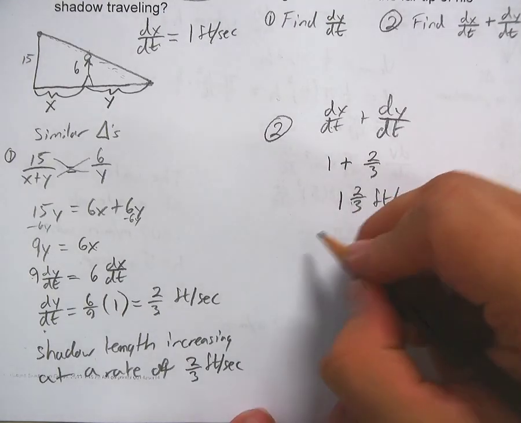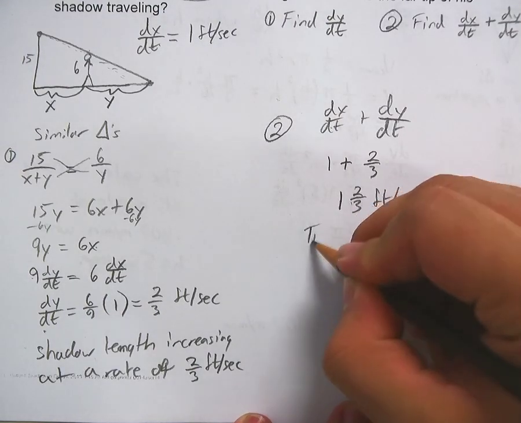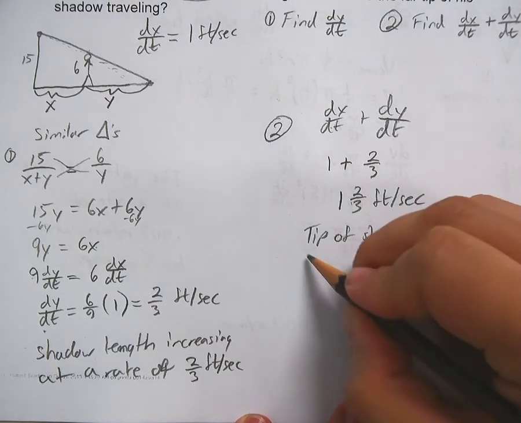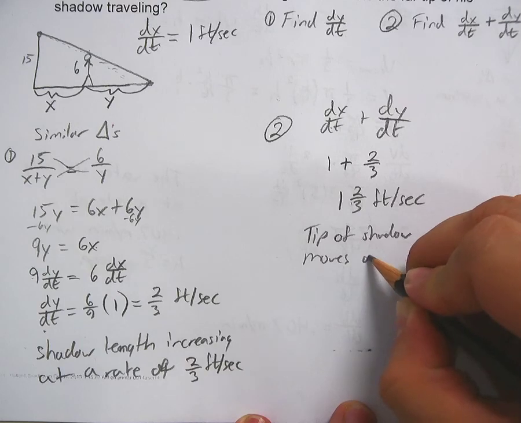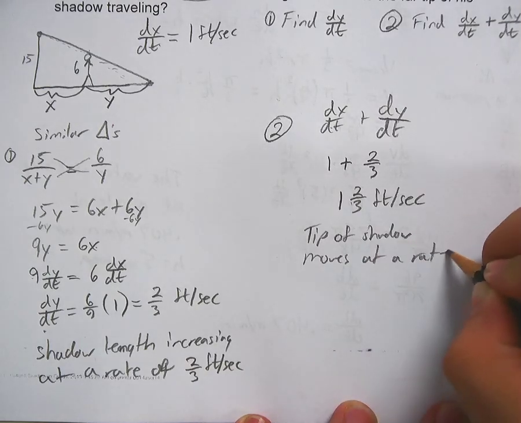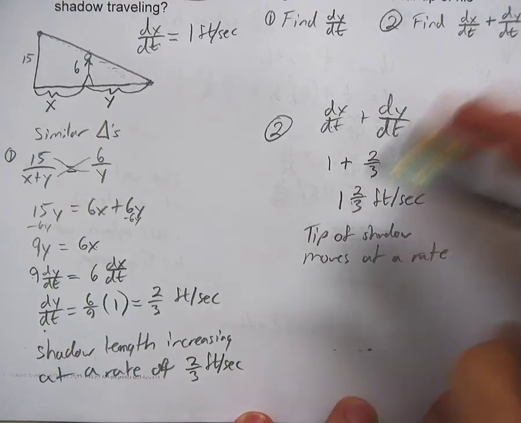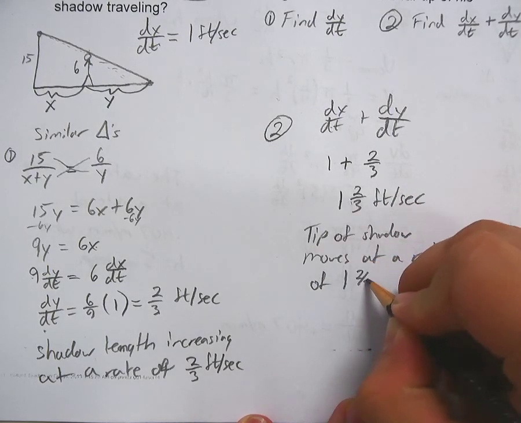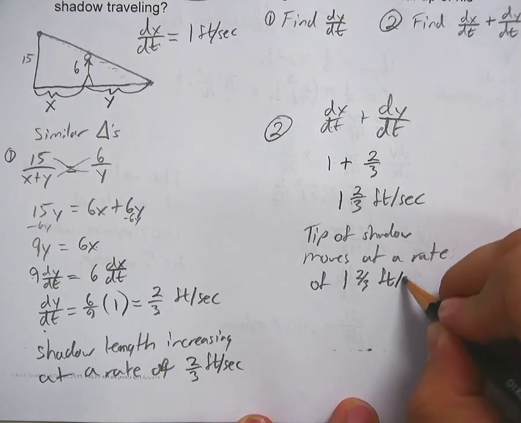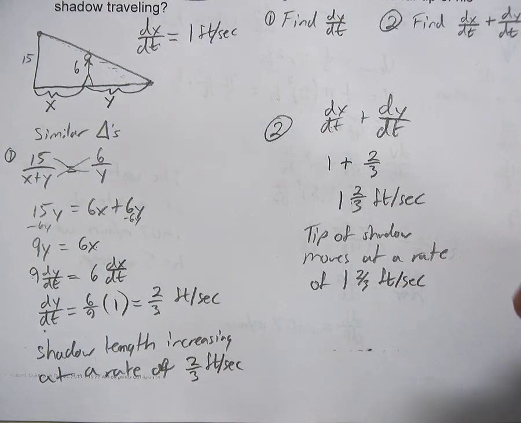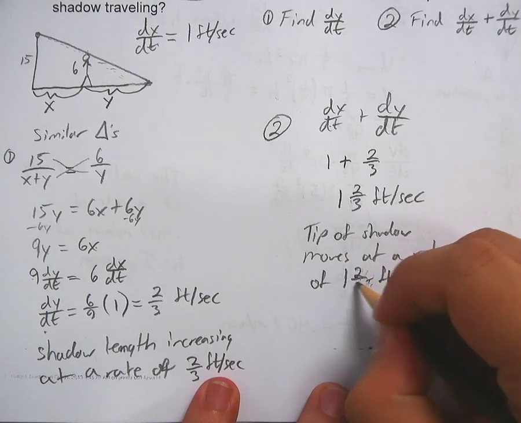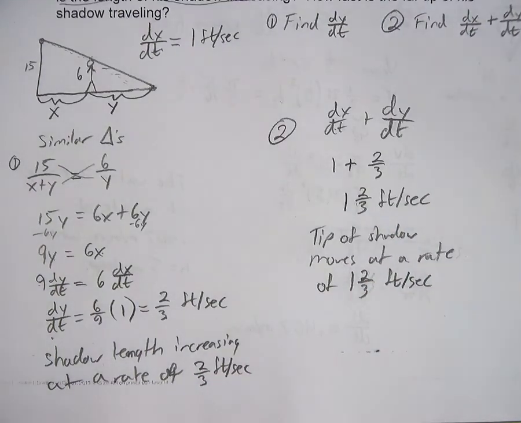So what this means then is that the tip of the shadow moves at a rate, or grows at a rate, of 1 and 2/3 feet per second. Correct that foolishness. Sorry.